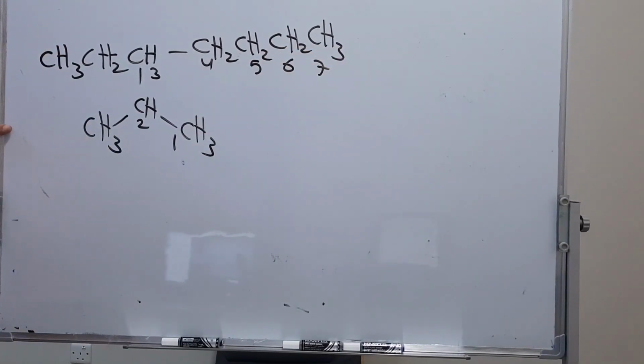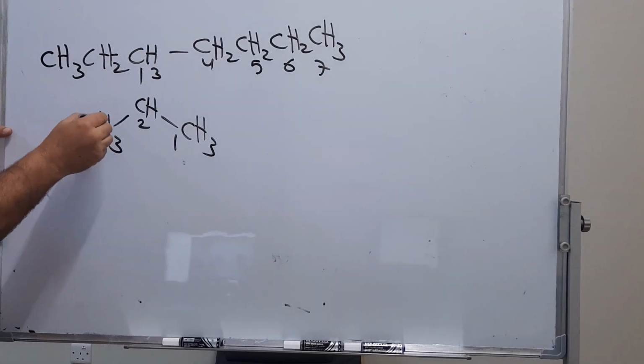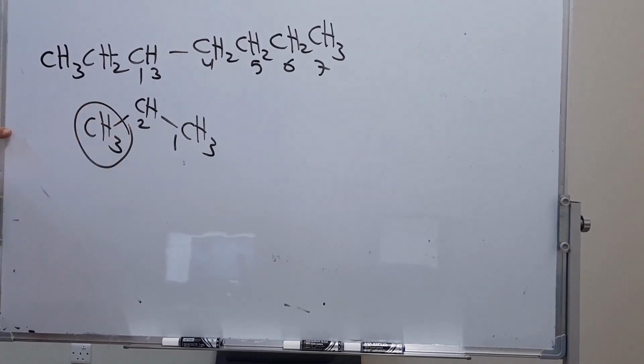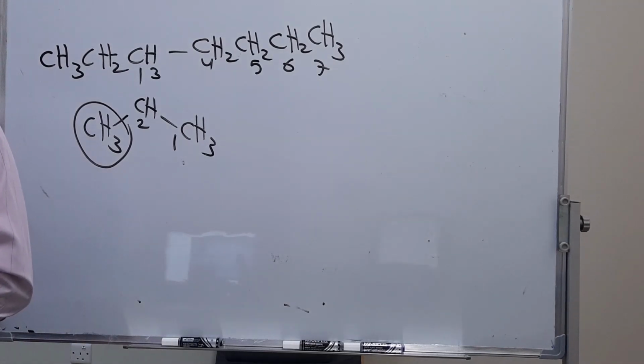In this case, what's the name of this branch, guys? What do we call this substituent? Primary. Primary is a general classification, it's not the name of the alkyl group. Methyl. Bushra, be very careful.